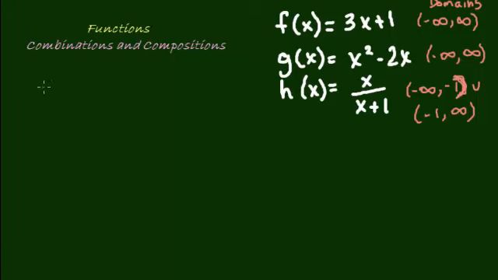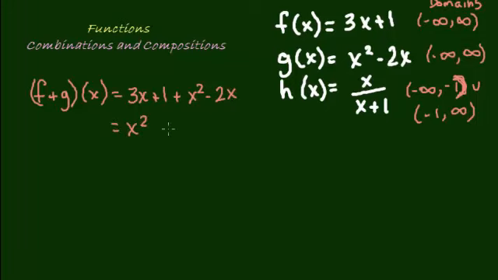Let's first do f of x plus g of x. All that means is to take f of x and add to it g of x, just exactly like what you think it might mean. And then combine like terms. I'll get x squared plus x plus 1.